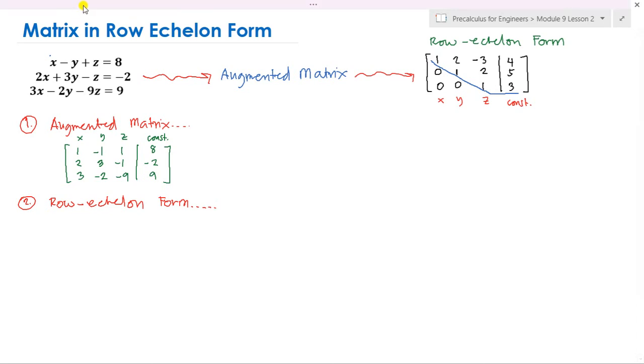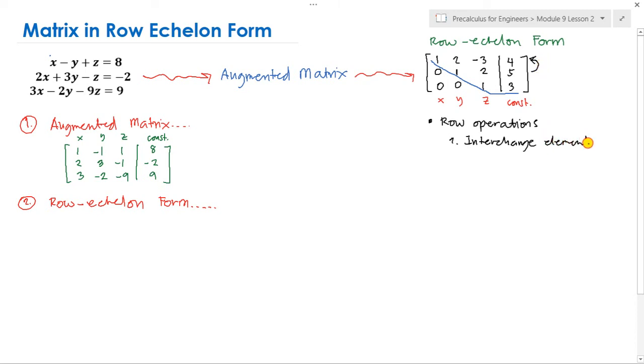Again the same with the Gaussian elimination, naa tay gi-follow gitawag nga row operations. The same with Gaussian, pwede ka maka-interchange. Since naka-matrix naman siya, so you can interchange these numbers. Interchange numbers or elements in the row. So interchange elements within rows.